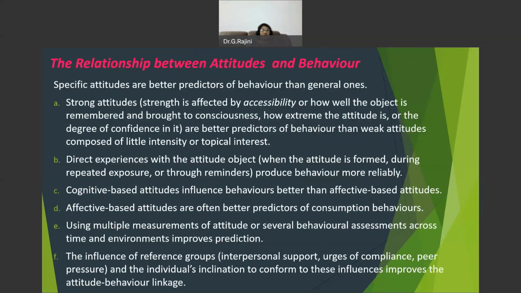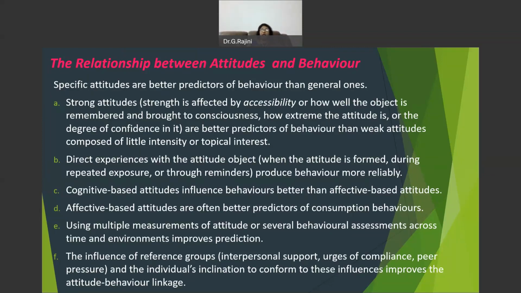A strong attitude, where strength is affected by accessibility, or how well the object is remembered and brought to consciousness, or how extreme the attitude is, or the degree of confidence in it, becomes a better predictor of behavior than weak attitudes composed of little intensity or topical interest.